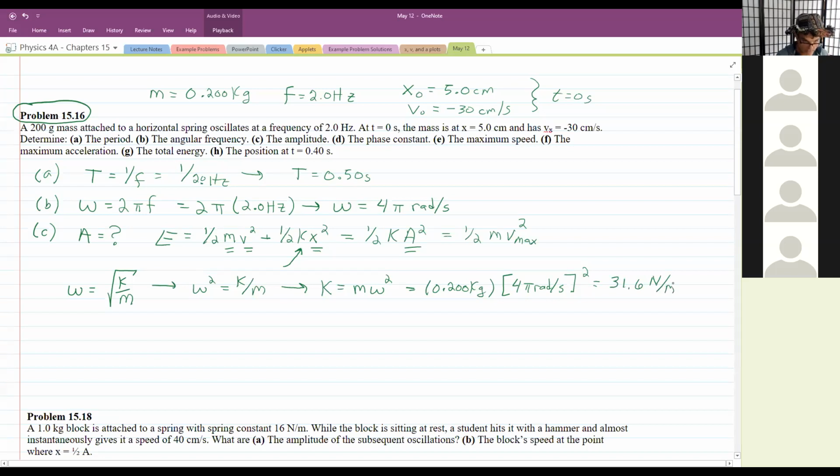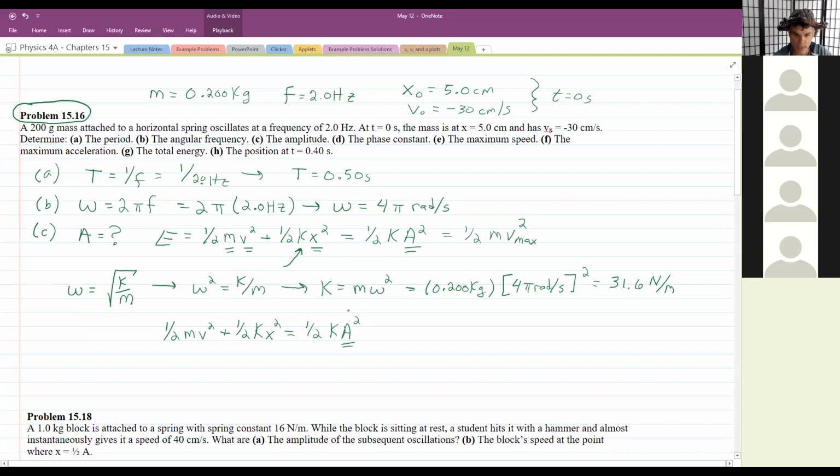Now I can use conservation of energy and say that 1/2 m v squared plus 1/2 k x squared equals 1/2 k A squared. And just for timing, let me just skip the algebra. We have everything in this equation except for the amplitude. So all we're doing is just solving this equation for the amplitude.